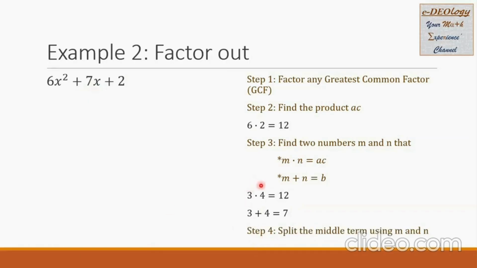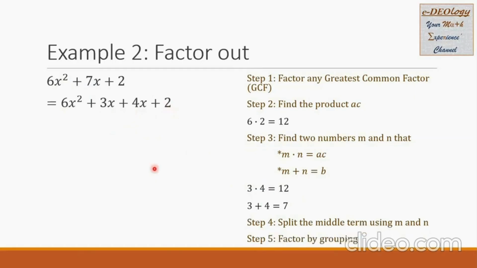So the 3 and the 4 are our m and n respectively. So writing this again, 6x squared is here. Instead of writing 7x, we will now write 3x plus 4x, and then plus the constant 2.